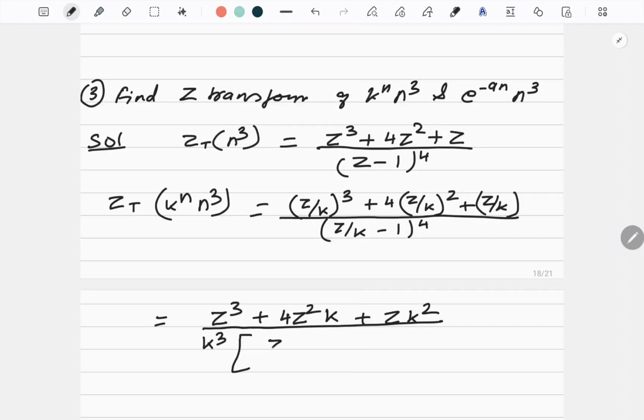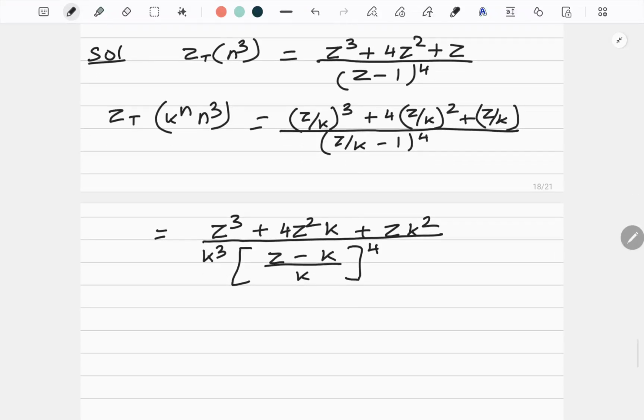Now in the denominator, when you do z minus k LCM upon k, it is to the power 4. Correct? So this k to the power 4 will go in the numerator and it will get cancelled with that k cube. So outside I'll have 1k.